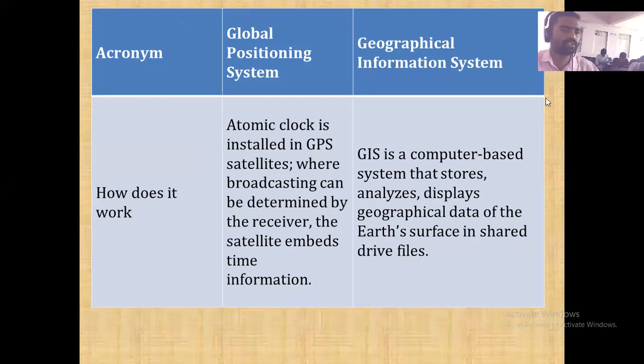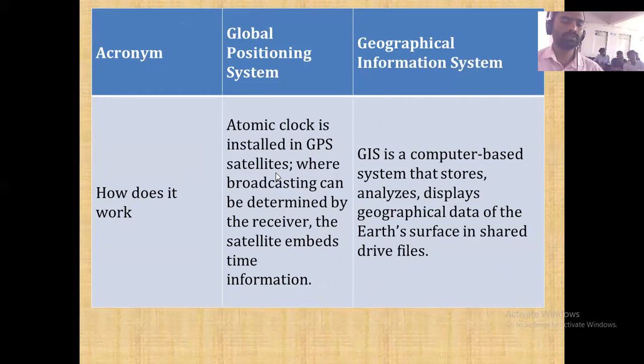How does it work? This is one more, the last one. In GPS, an atomic clock is installed in the GPS satellites.